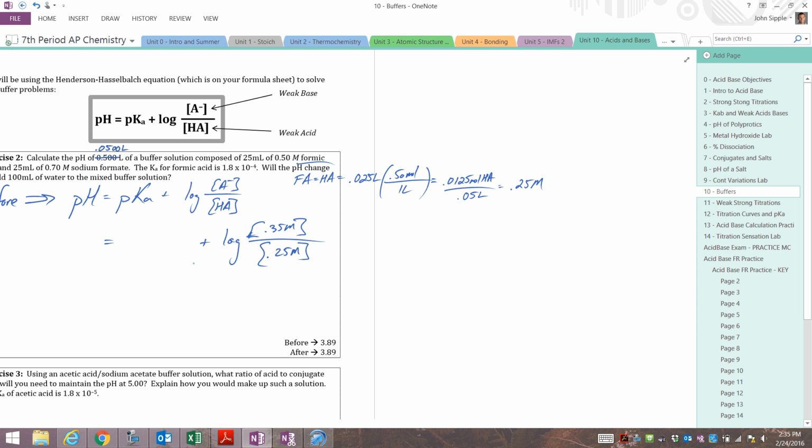So when we plug this in, it's just minus the log of 1.8 times 10 to the minus 4. Just like when you're calculating pH, you take minus the log of the concentration of H+. So pKa is just minus the log of the Ka value, and that's going to give us the pH. I don't know why I put my calculator away.